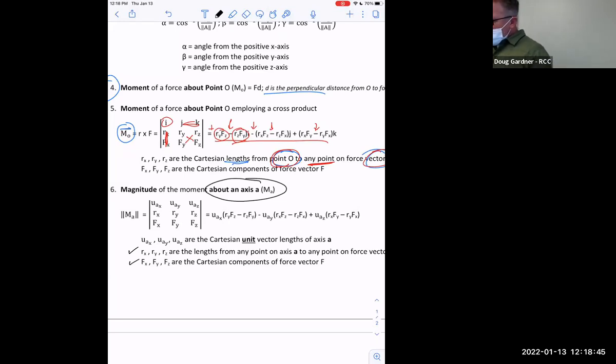What do we have? We don't have IJK anymore. We have U of AX, U of AY, U of AZ. Well, notice axis A. So that's the unit length of axis A. Well, the X component of that unit length. So we need an example.